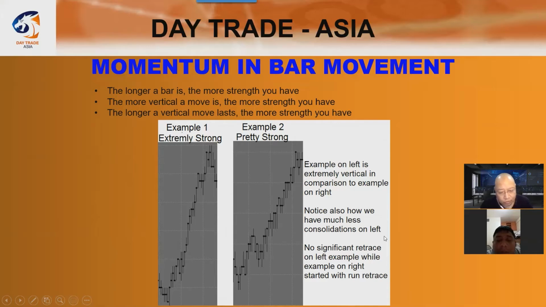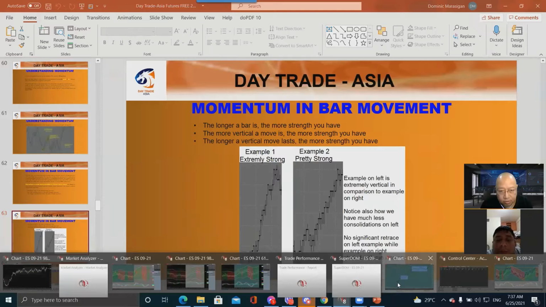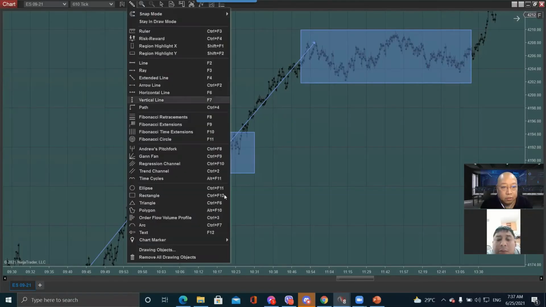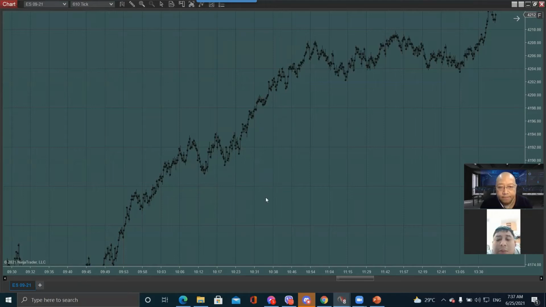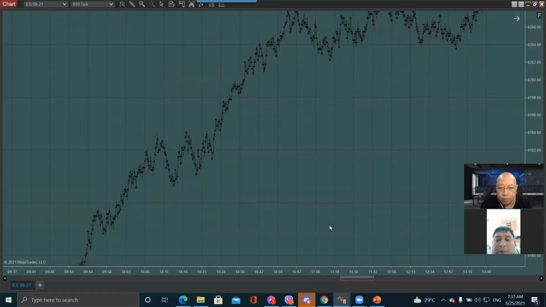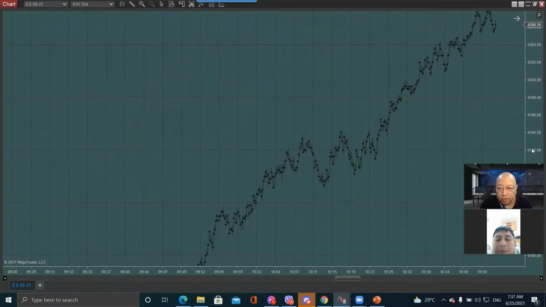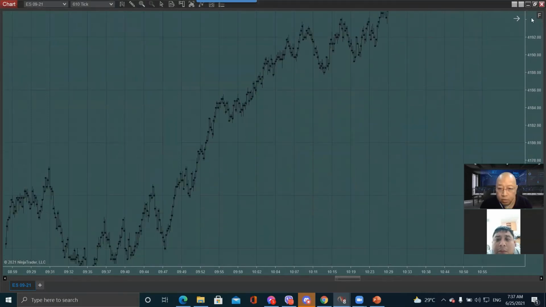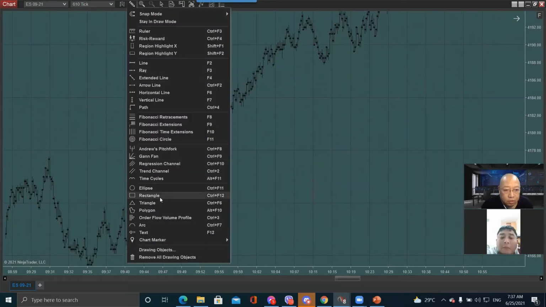Well, let's do this more on my chart instead. It's better like this. Okay. So if you're going to have a run right here, I'm going to compare these two.